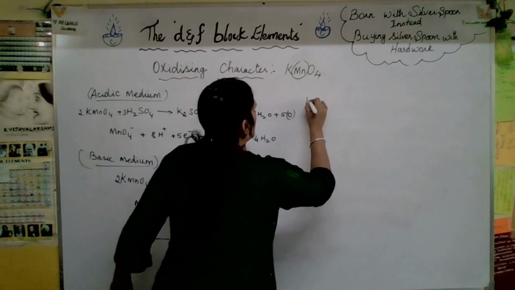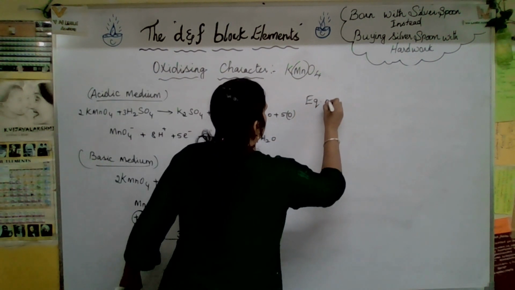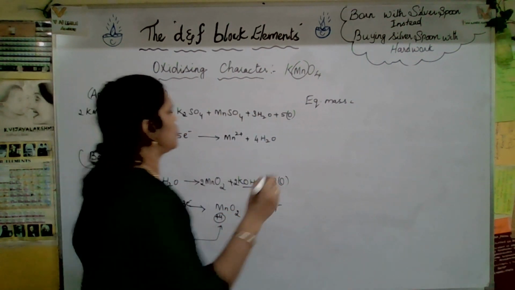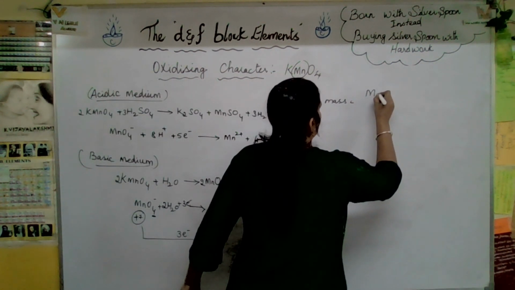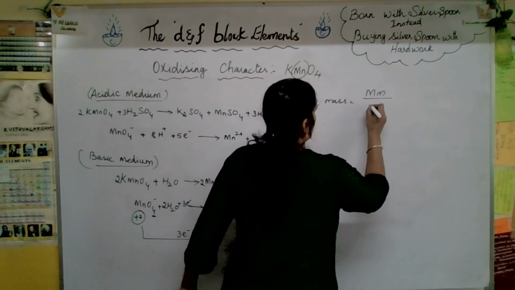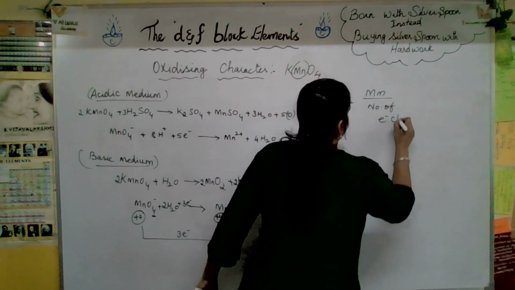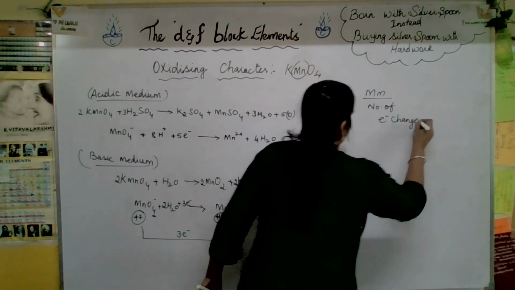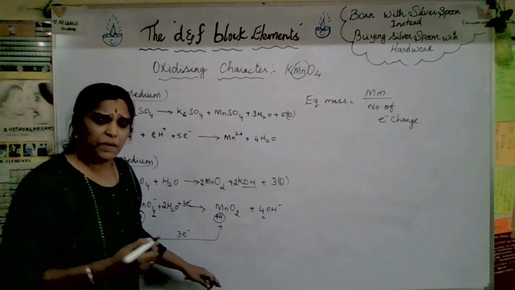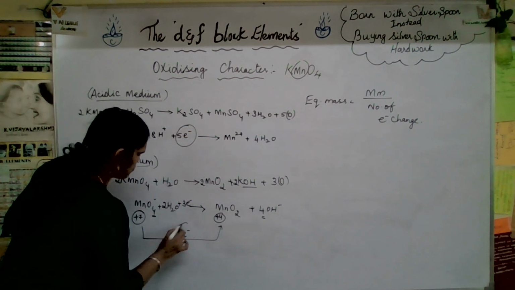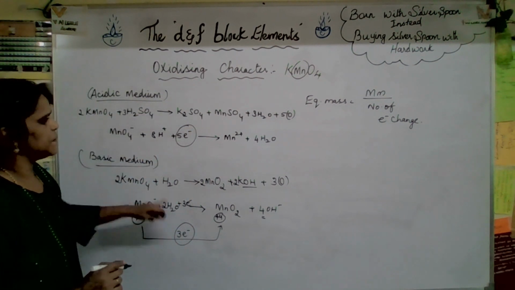So how to find out that equivalent mass? As I mentioned here, equivalent mass equal to molecular mass divided by number of electron change. Because each one, acidic medium, basic medium, number of electrons will be changing. Here 5 electron, here 3 electron. That's what I mentioned purposely here.